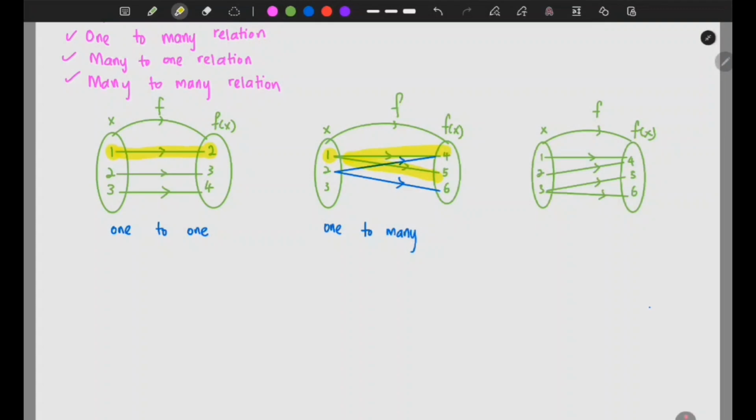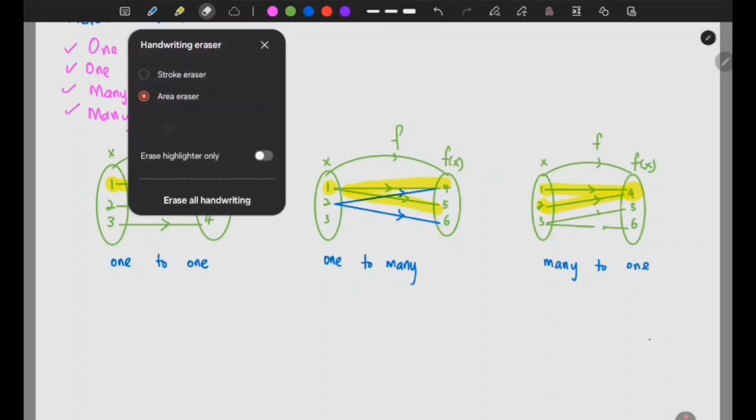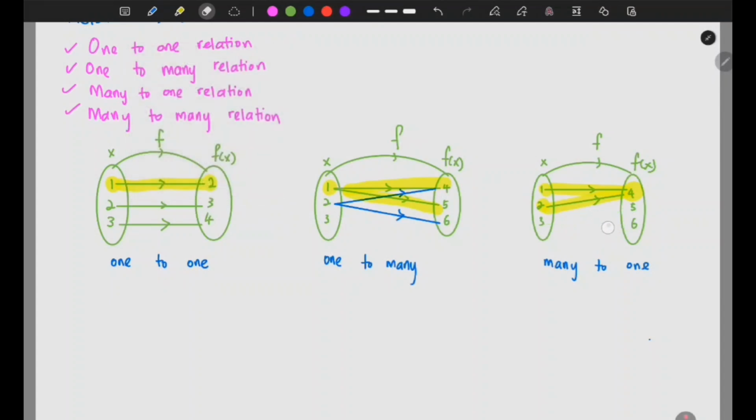So from many, it goes to one number. So this is called many to one. My bad. 3, it's 1 to many. The relationship is wrong. Oh, I didn't notice that. Thank God.